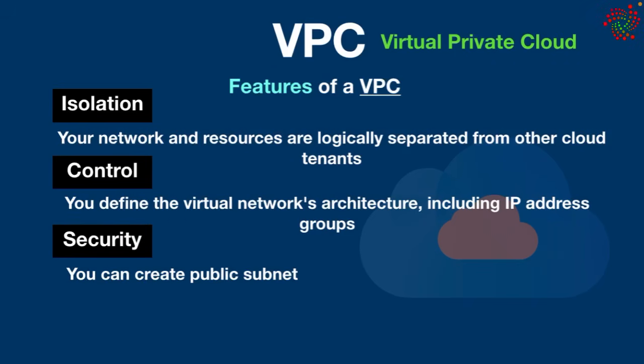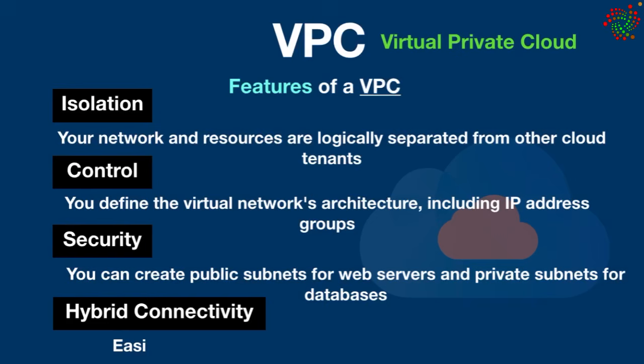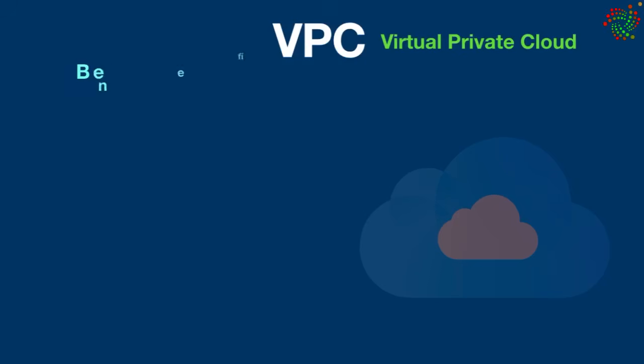Security: you can create public subnets for web servers and private subnets for databases, controlling traffic flow and access with rules. Hybrid connectivity: easily connect your VPC to your own on-premises data center using a VPN for secure hybrid cloud environments.